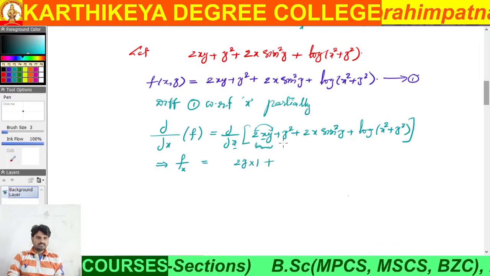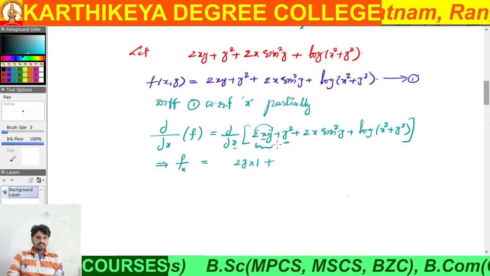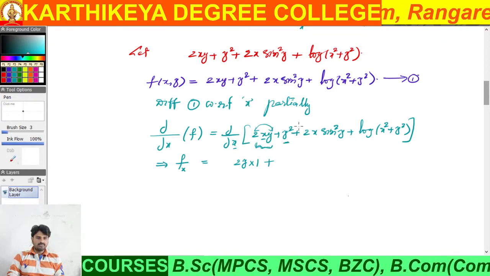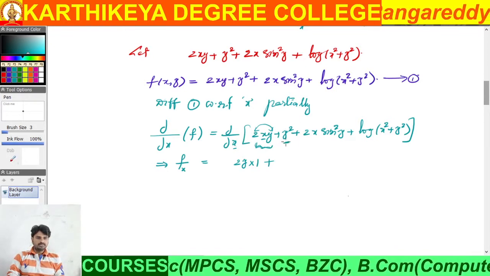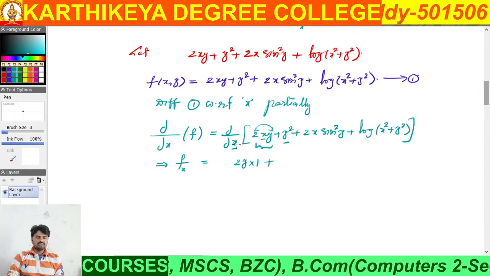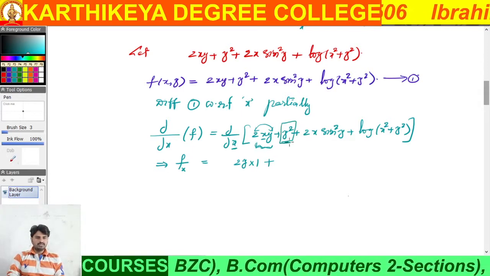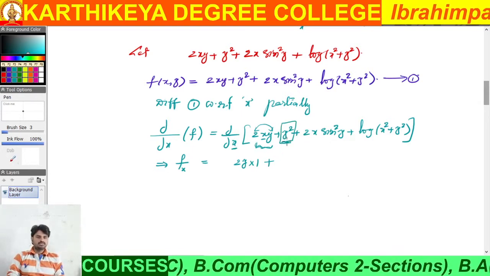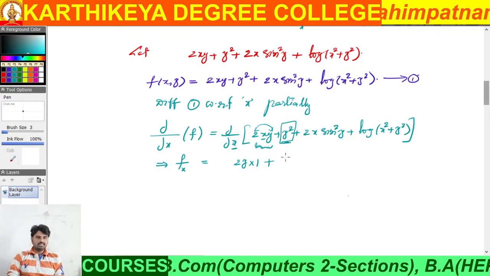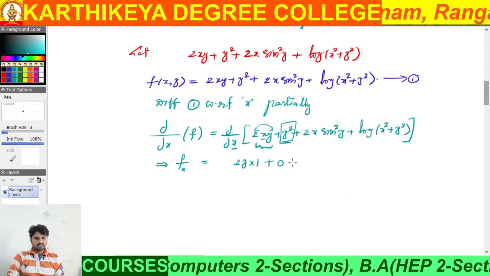In the same process, coming to the second term, y square is there, but there is no x variable. We are differentiating with respect to x, but in the second term there is no x term, so this term is considered a constant. We know that the derivative of a constant is 0.